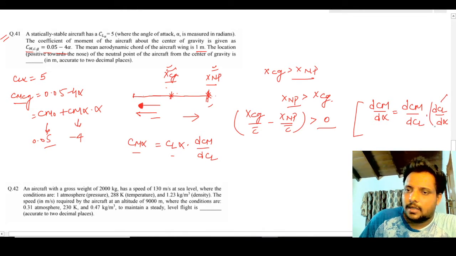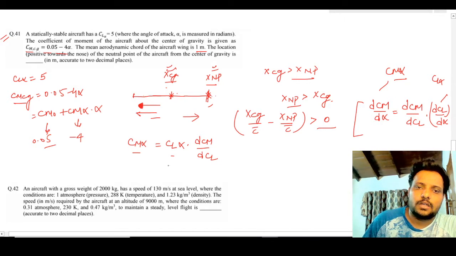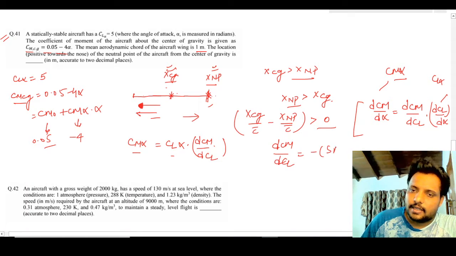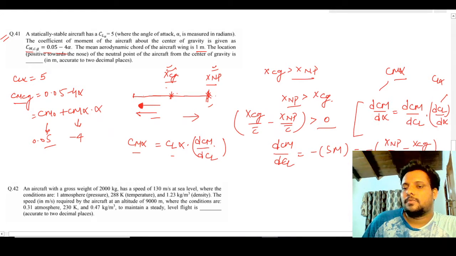This is nothing but CL alpha and this is Cm alpha. I know that dCm by dCL is also equal to minus of static margin, and minus of static margin here is minus of XNP by c bar minus XCG by c bar.